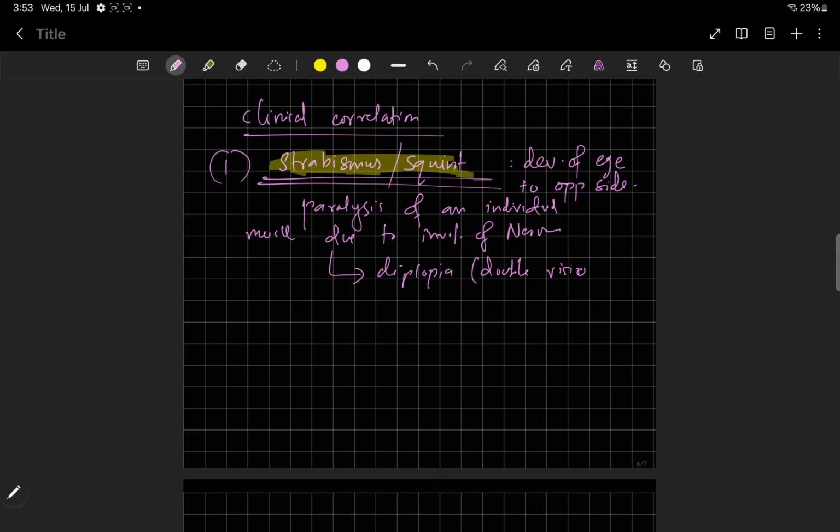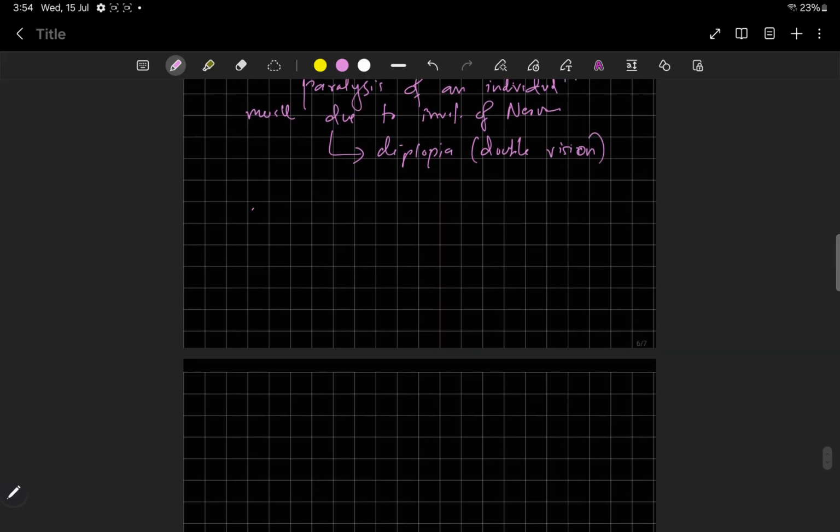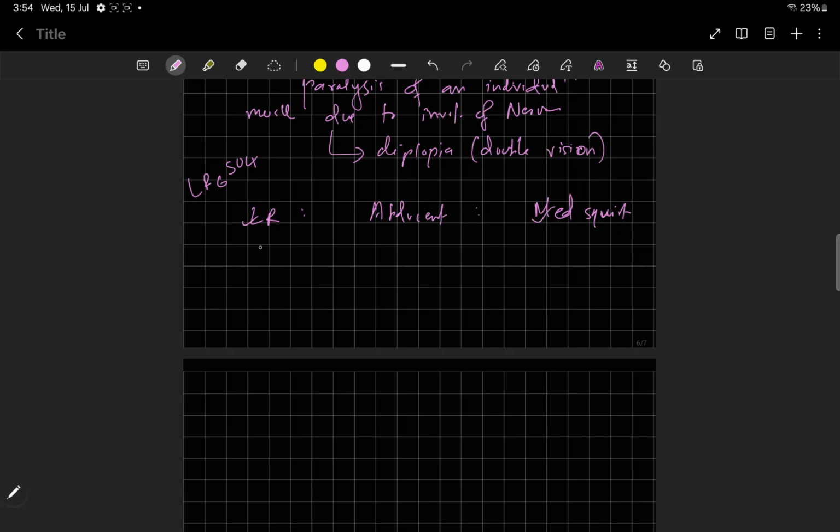So strabismus can lead to diplopia, and if lateral rectus is paralyzed, already remember LR6SO4, so here it is the abducent nerve involved. Squint will be medial squint, just the opposite direction, lateral, medial. And if medial rectus is paralyzed, it is because of the involvement of oculomotor nerve, and it will produce lateral squint.